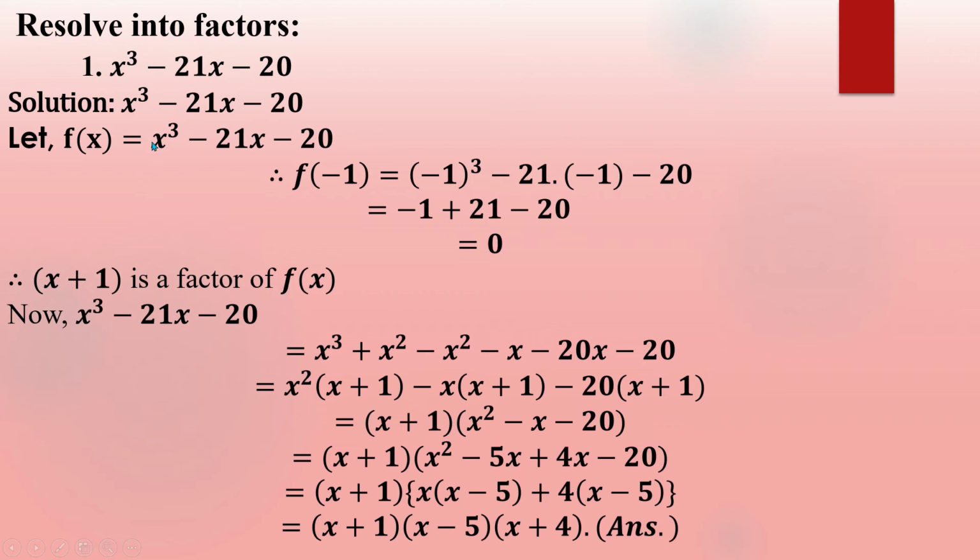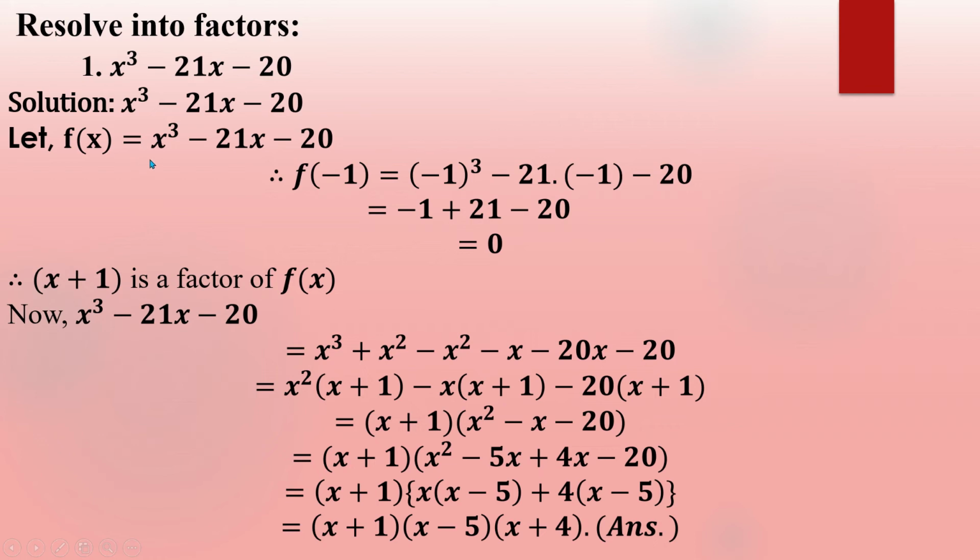Here the leading coefficient is 1, the coefficient related to the leading term. Leading term means the term whose power is highest. Here the power of x is 3, the others are 1 and 0. So this is the leading term and the coefficient of the leading term is 1.